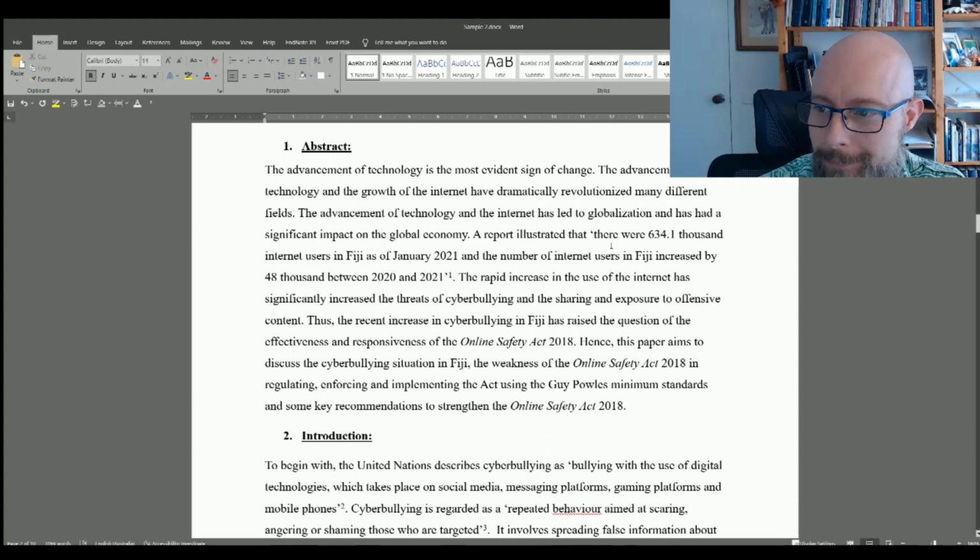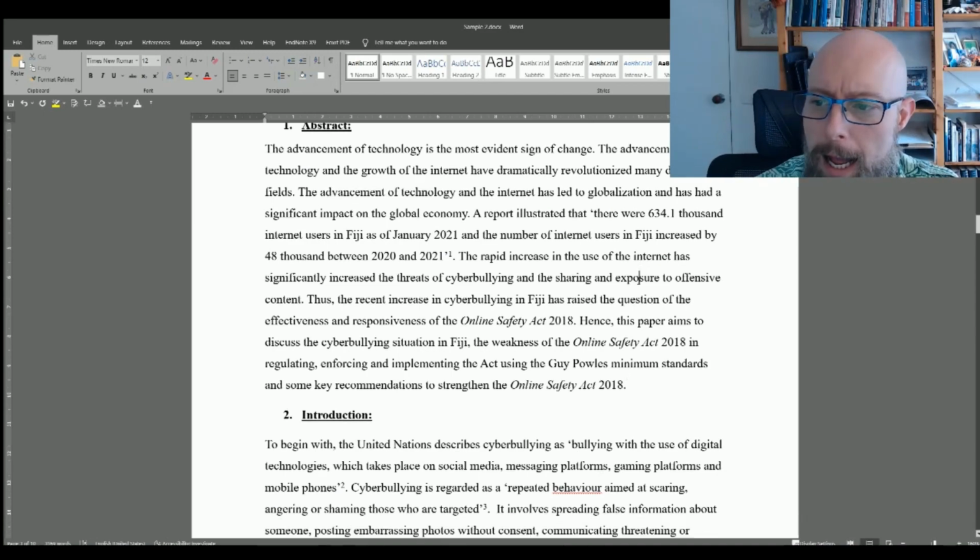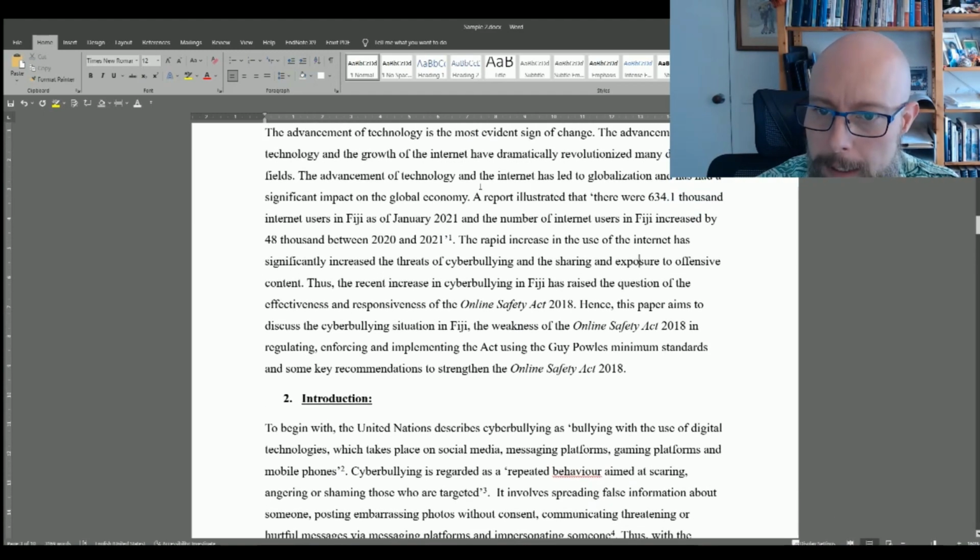So let's see. This is all right, but a bit curious, it mentions advancement of technology multiple times within the first couple of lines. That's a bit awkward, a bit jarring. You might want to clean this sort of stuff up.